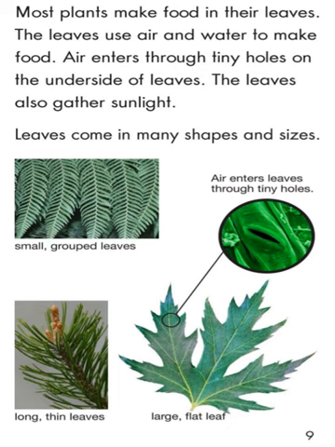Most plants make food in their leaves. The leaves use air and water to make food. Air enters through tiny holes on the underside of leaves. The leaves also gather sunlight. Leaves come in many shapes and sizes.